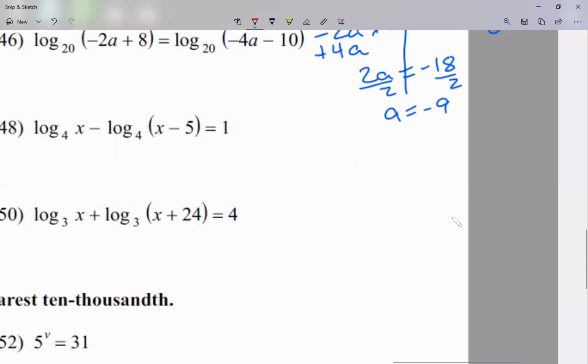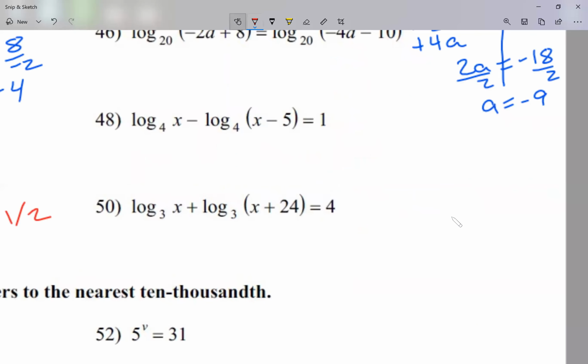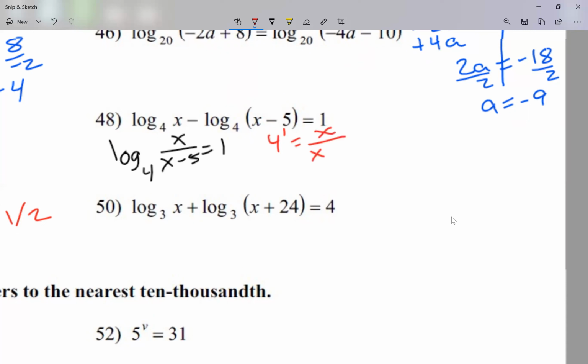All right, let's take a look at question number 18. First, let me condense this. I'm going to say log base 4 of x over x minus 5 is equal to 1. I see log only on one side, so let me rewrite this in exponential form. 4 to the 1 is equal to x over x minus 5.